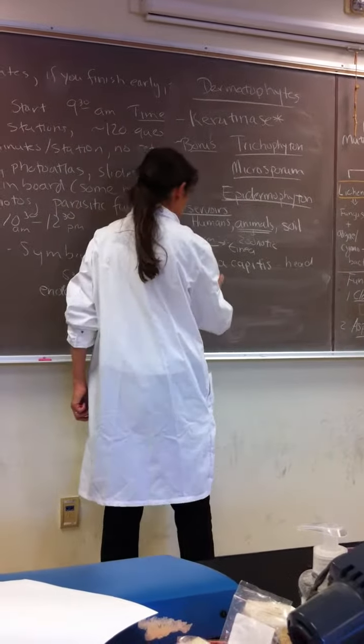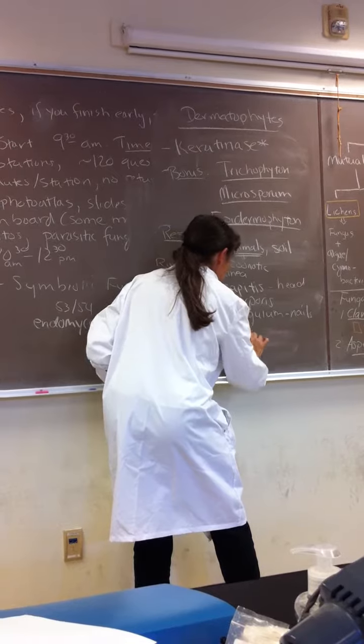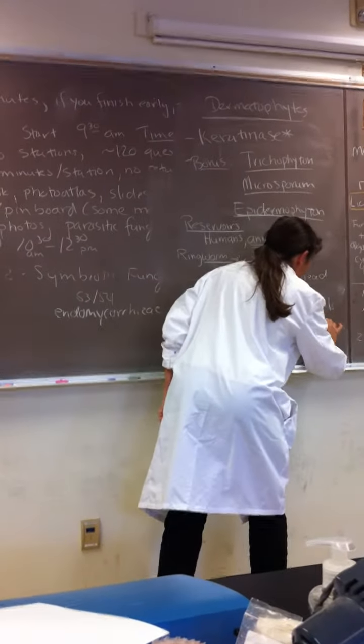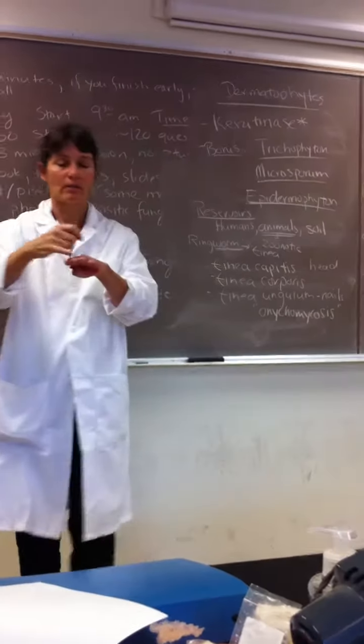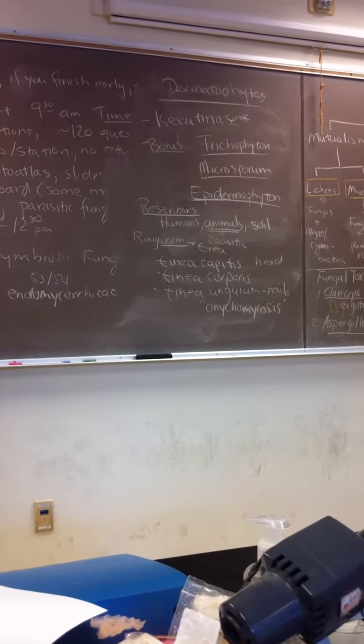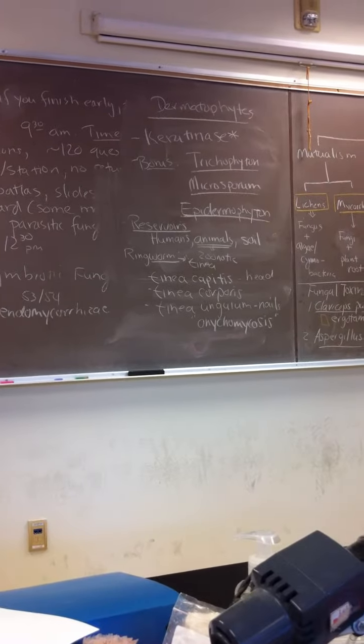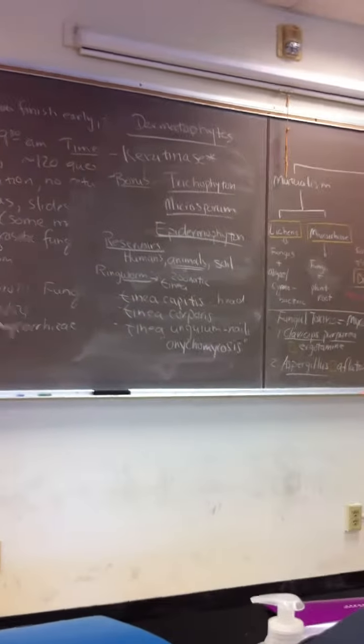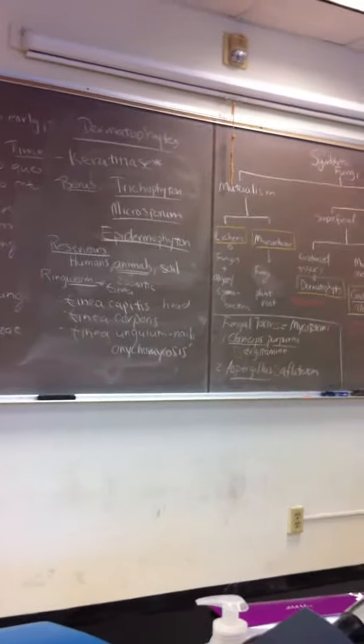A fancy term for dermatophyte infections of the nails, if you want to impress your friends at a party, is onychomycosis. Again, this is when we have dermatophyte infections of our fingernails or toenails, and very often they are very hard to get cleared up. A lot of the antifungal drugs are really hard on patients, so sometimes they just choose not to try to treat it.